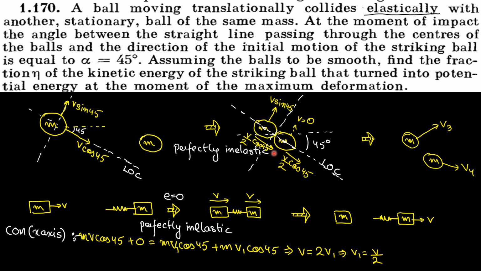Then the maximum amount of kinetic energy is converted to deform the rubber balls. Note one thing again and again. For inelastic collision in 1D, the bodies will move together. For inelastic collision in 2D, the component of velocity of both the bodies along the line of collision would be the same. The bodies would not move together.